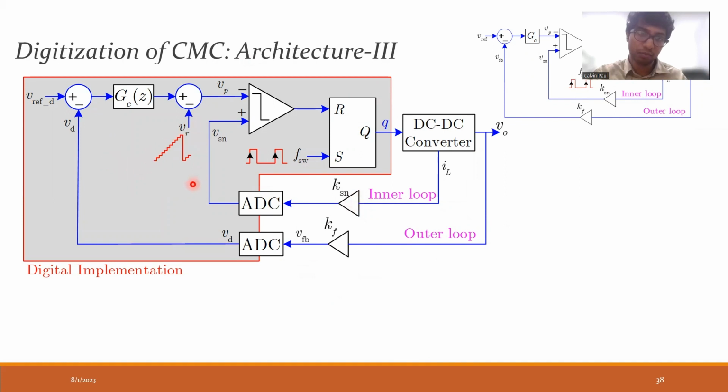Instead, I'm using an external ramp, and this provides a sort of ripple current information, and the output voltage and inductor current can have the same sampling. So this is another type of digitization of current mode control architecture 3. This is with ripple emulation.